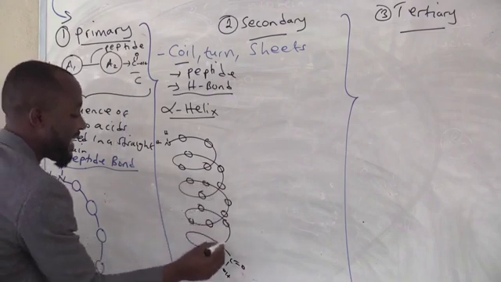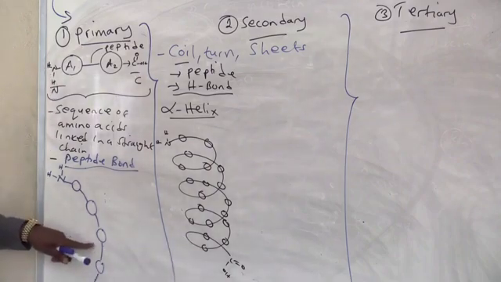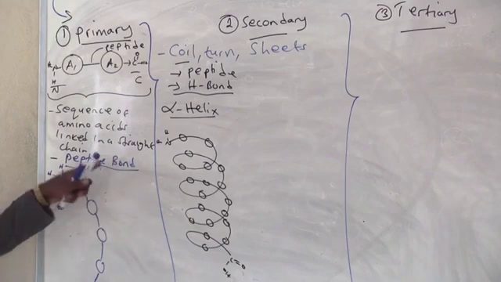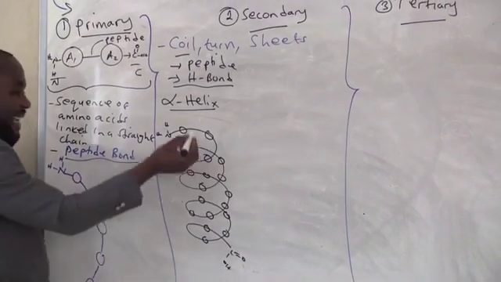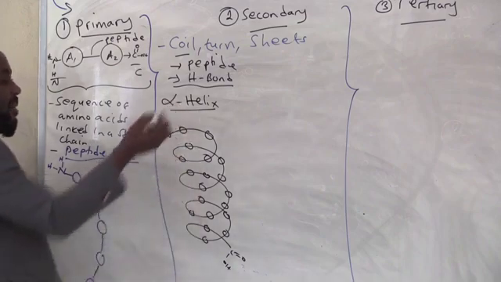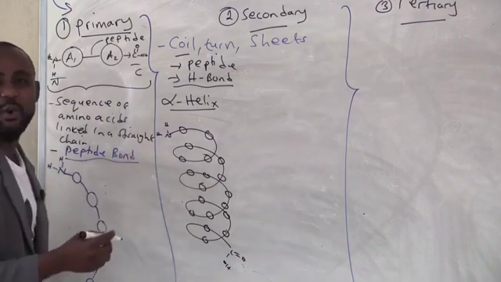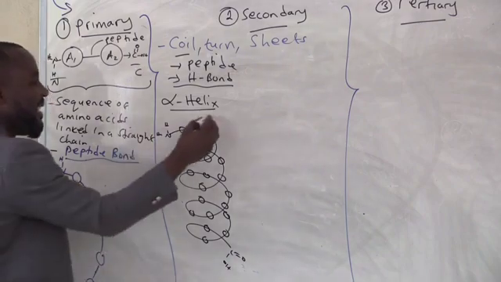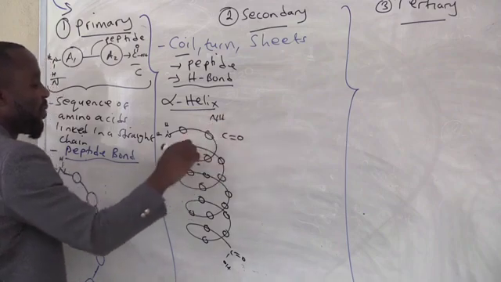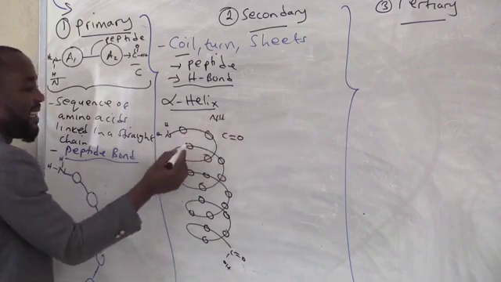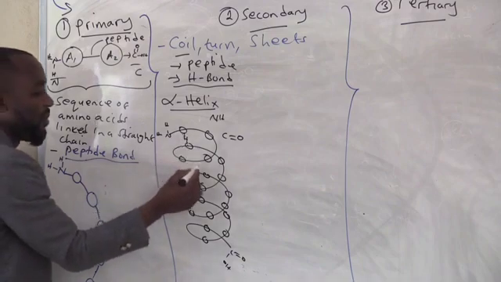Now, what is linking the amino acids in this coil is the same bond that linked the amino acids under primary, which is a peptide bond. And in addition, as this coil forms the alpha helix, to stabilize it, there is a reaction that occurs between the NH group and the carboxyl group of one amino acid and the next amino acid in order to form what is called the hydrogen bond.